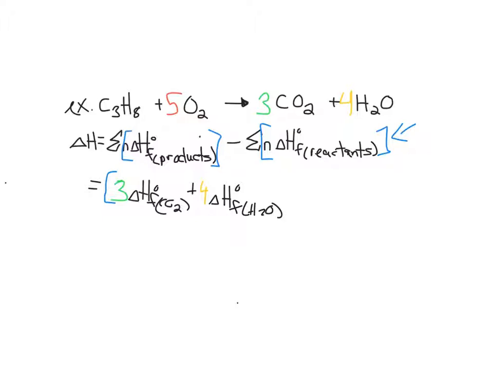And those are our 2 products. We put a square bracket, and then we can subtract another square bracket where we put the information for our reactants.